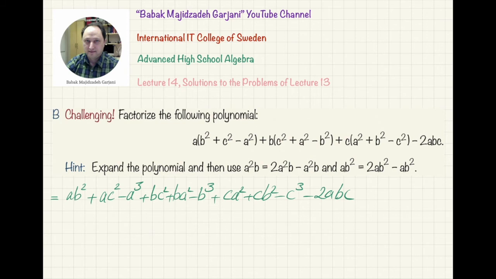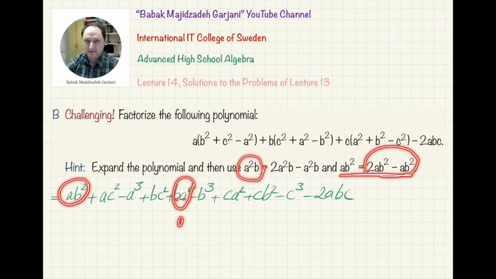Yes? But now, look, I have told you that it's better to do this. So instead of ab squared here, I use this. And instead of ba squared, which appears here, another name for that is a squared b, so here I use this.